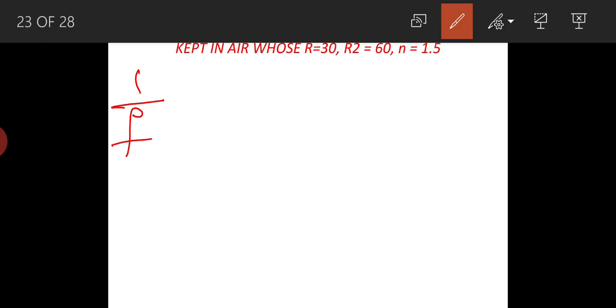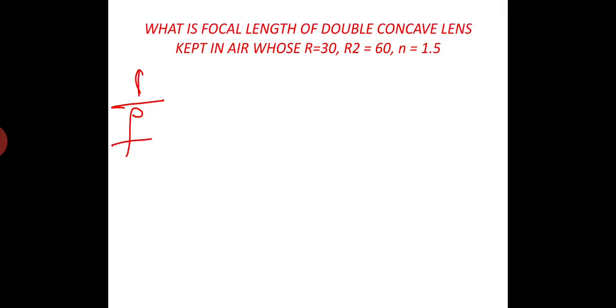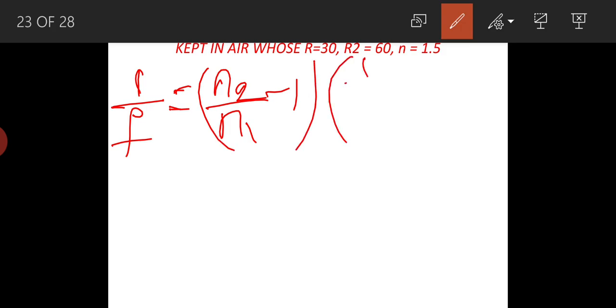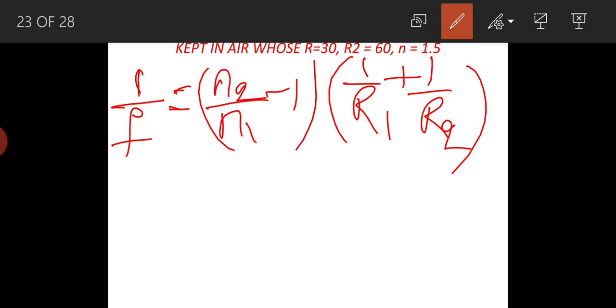In the question he is asking to find the focal length of a concave lens. So for a concave lens, in order to find the focal length, we have the formula (n2 by n1 minus 1) into (1 by r1 plus 1 by r2) with a minus sign in front of the formula.